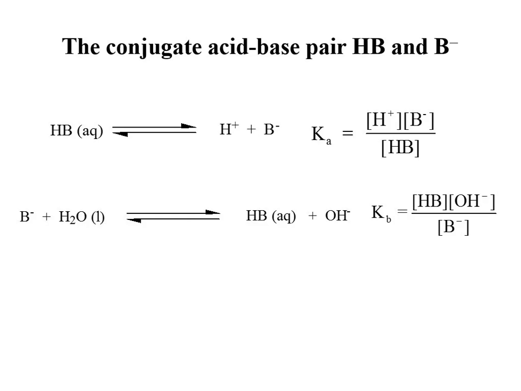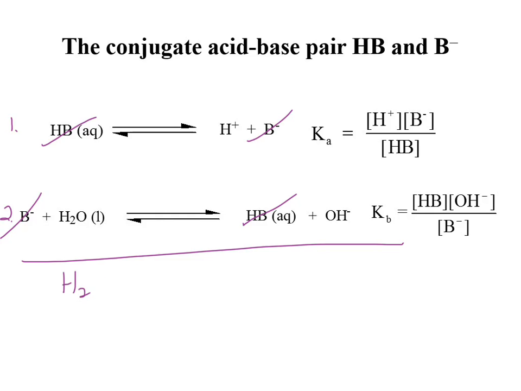Now, the reason these two things are important is, if this is equilibrium 1 and this is equilibrium 2, one of the things we know is that we can add equations. Let's see what would happen if we added these equations. Notice our HBs cancel, our B minuses cancel, and what we end up with is this.